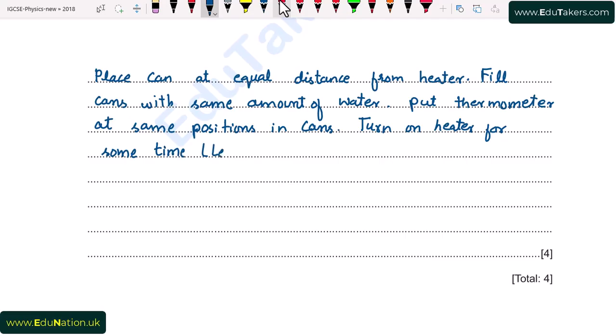I suppose that we have turned on the heater for 5 minutes. And then measure the temperature change.